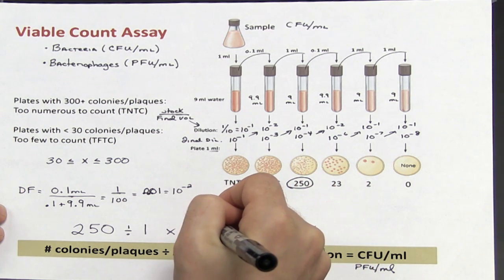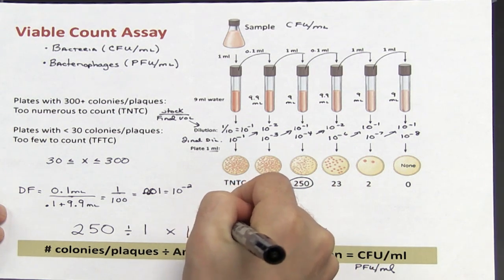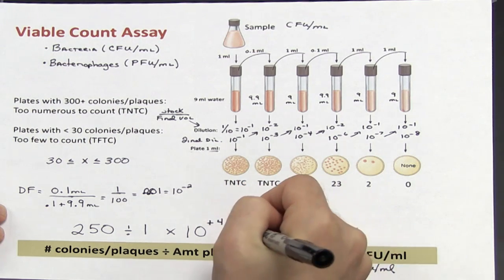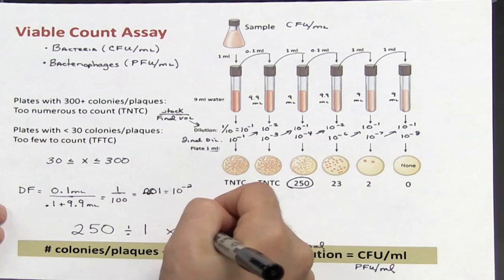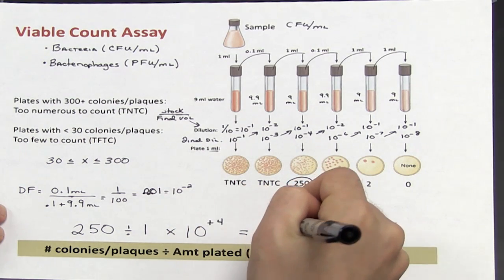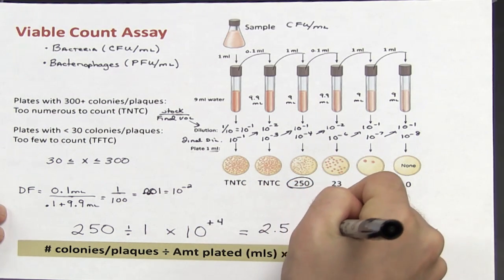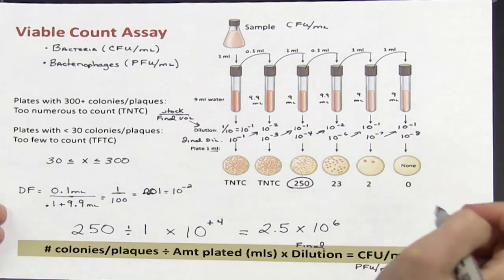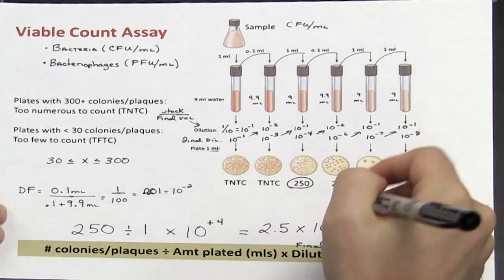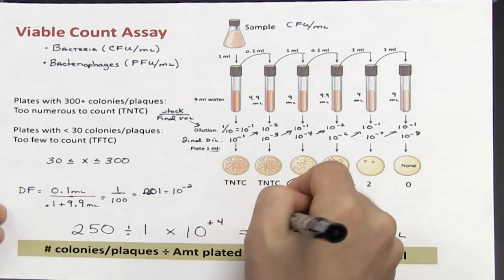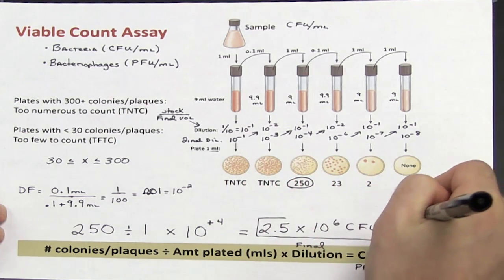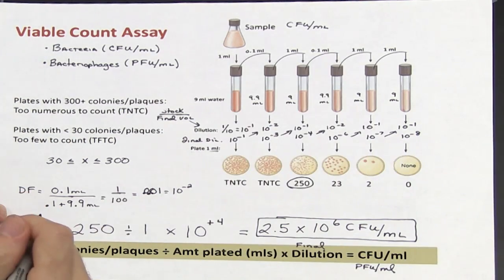So instead of writing minus 4, I'm going to write plus 4. 250 divided by 1 times 10 to the 4th gives me 2.5 times 10 to the 6th. And since we're looking at colony forming units per ml. This is an example of how serial dilutions are used in the lab.